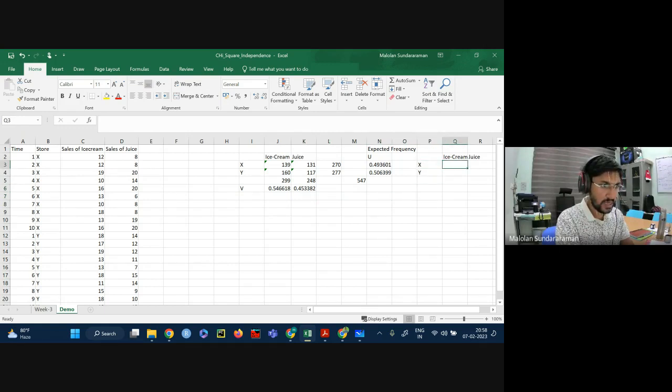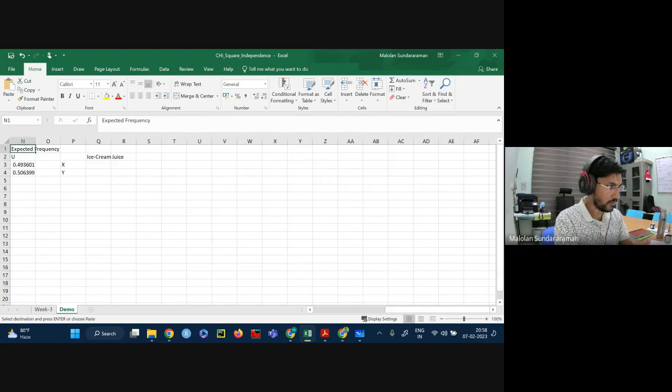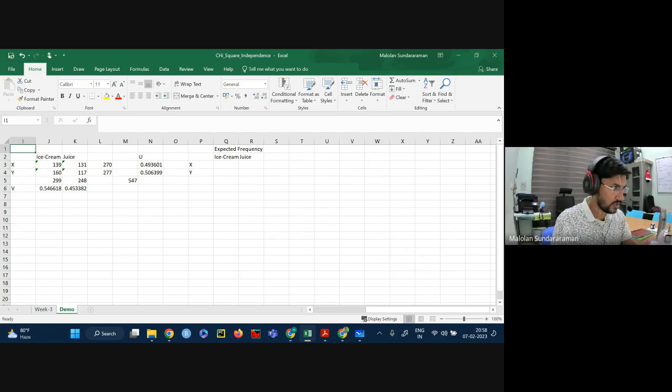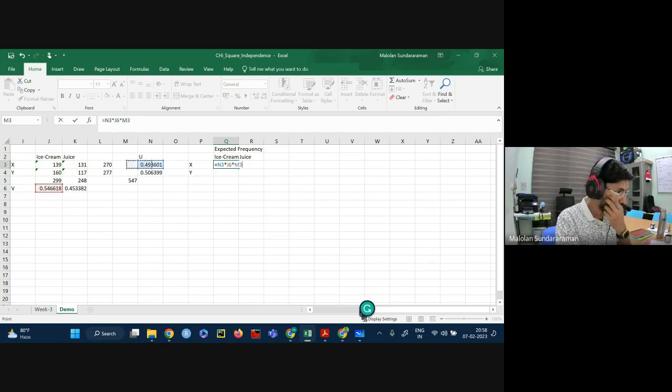Then I can start calculating my expected frequency, which is nothing but Ui into Dj into N.